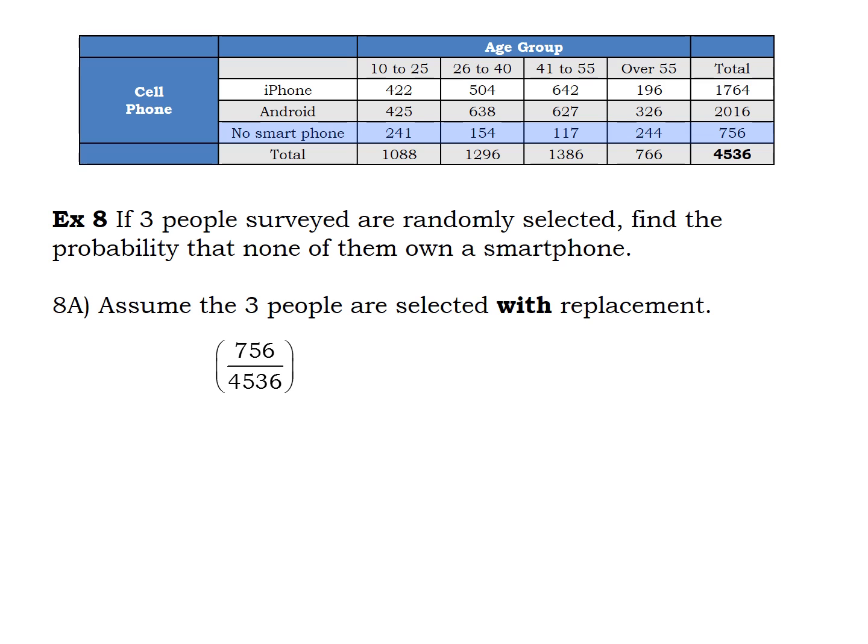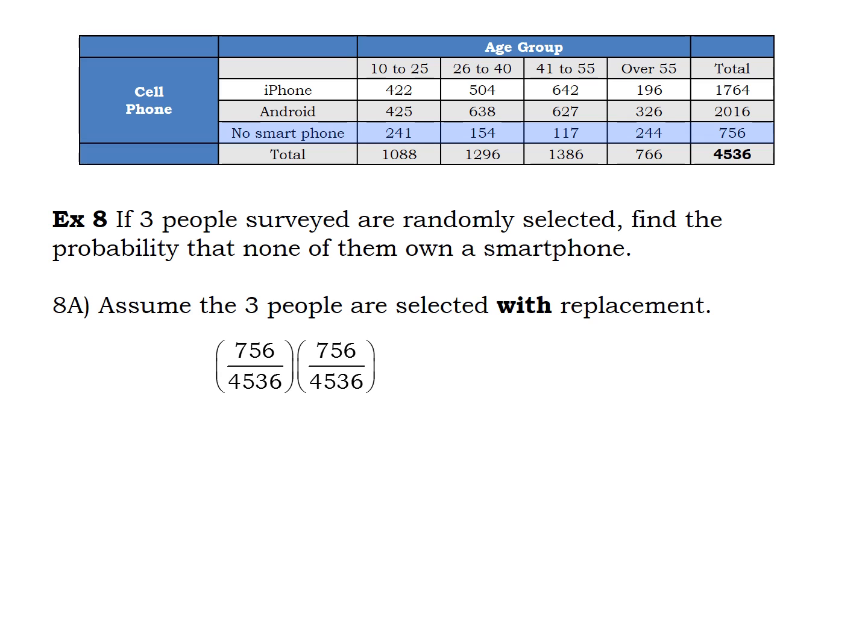So when I go to number 2, how many are in the pool to choose from? Still 4,536 in there to choose from. And out of those, there are 756 that do not own a smartphone. So now we're going to move to the third person. We want the chances of the third person not owning a smartphone, given the first 2 people didn't.